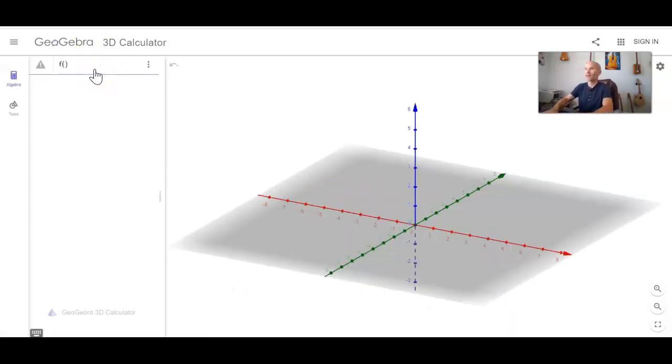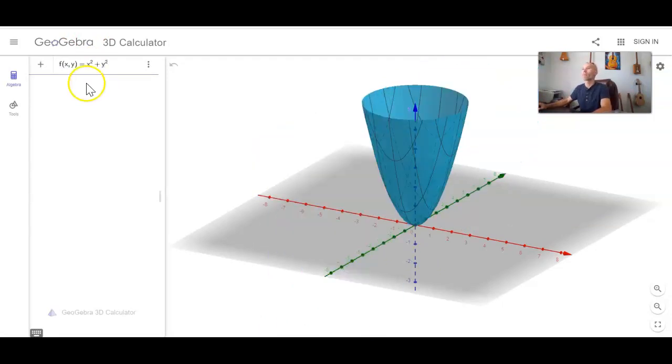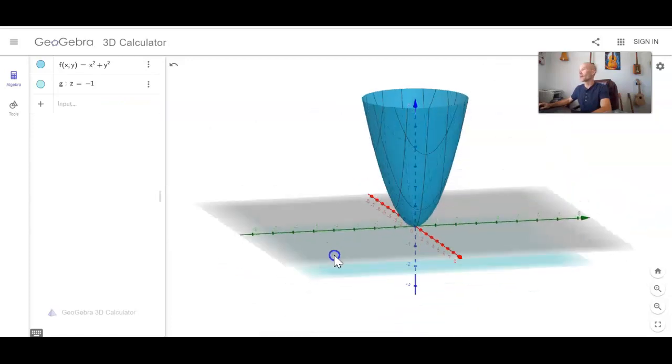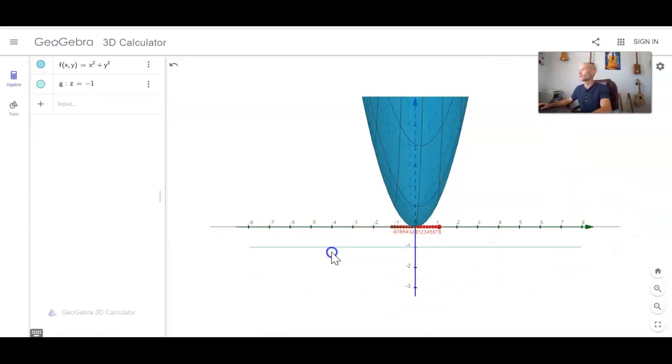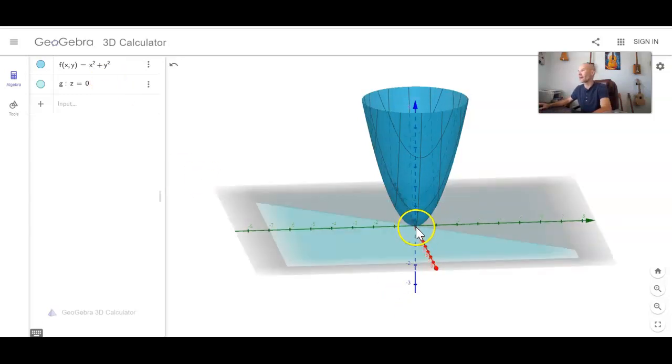And so we'll just plot f of x, y equals x squared plus y squared. And then when we plot z equals -1, well, we can see that that actually does not ever intersect with our surface. And that's why we don't get any points. We don't get anything at all when we use z equals -1. When we do z equals 0, we've already kind of mentioned this, but that just basically touches that point, the bottom of that paraboloid.